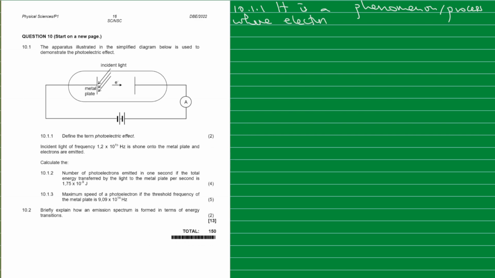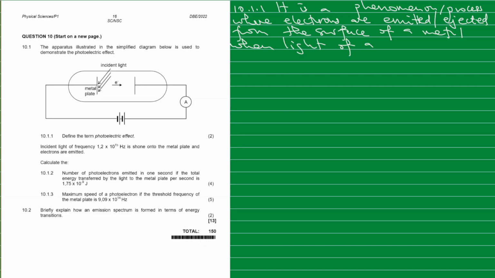electrons are emitted, or ejected, from the surface of a metal when light of a suitable frequency is incident, meaning when it is shining on the metal.